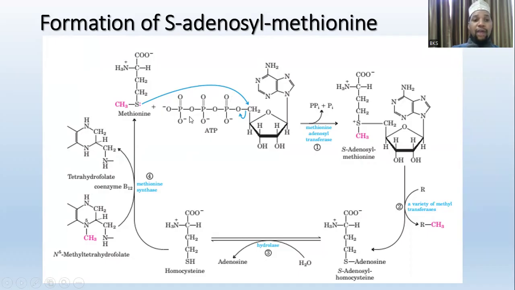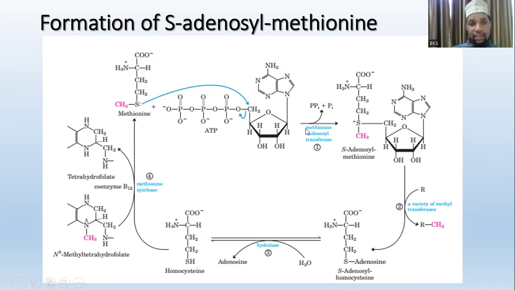So what happens in the reaction is this phosphoester bond is being broken, leading to formation of a bond between the methionine and this carbon, which is carbon 5 of the ribose sugar, leading to formation of S-adenosyl methionine, meaning the adenosyl group is attached to the sulfur of methionine.